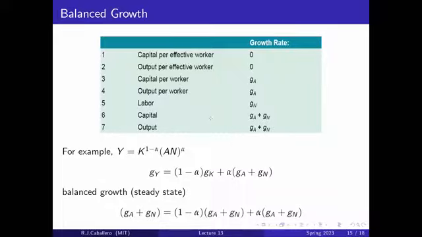Go back, for example, to this production function. I'm saying I know the contribution that K has to output growth. I know the contribution that N has to output growth. Well, the only thing I'm missing is the contribution that A has to output growth, which I don't observe. But I observe output growth, I observe capital growth, I observe employment growth, so I can solve out what is the technological progress, A growth.